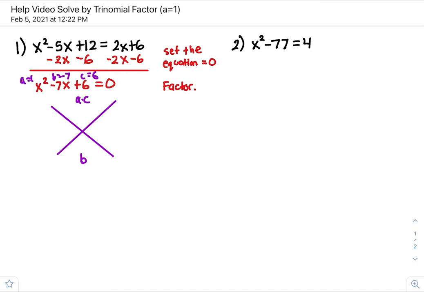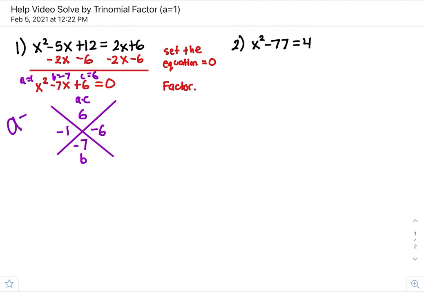So a times c is 1 times 6, which is 6, and our b value is negative 7. So two things that multiply to 6, but when added together give you negative 7. That is negative 1 and negative 6. Negative 1 times negative 6 is a positive 6. Negative 1 plus negative 6 is negative 7.